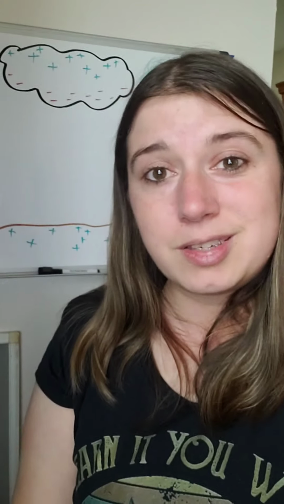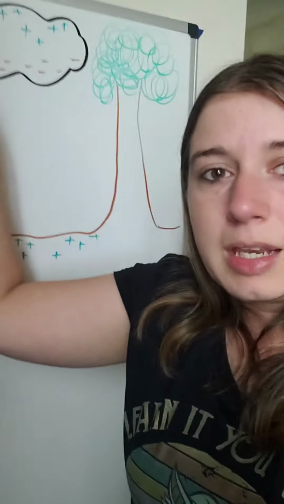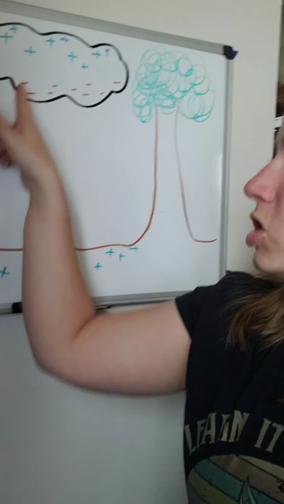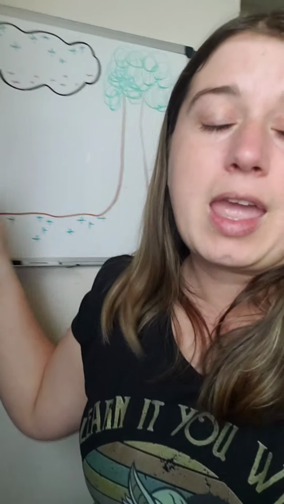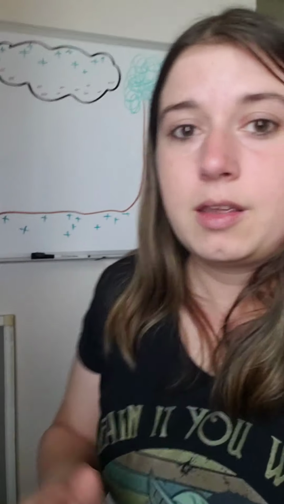Release that energy. Lightning. Actually, most lightning does occur inside of a cloud. But every now and then you'll have something happen where one of these charges finds its way down and it lines up with a charge on the ground. That is when you'll see lightning, which is ground lightning. It also occurs in clouds.